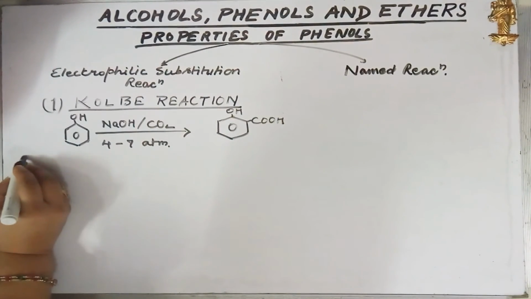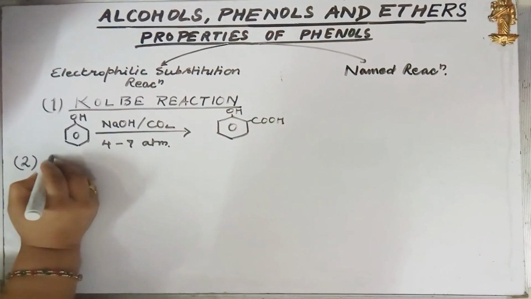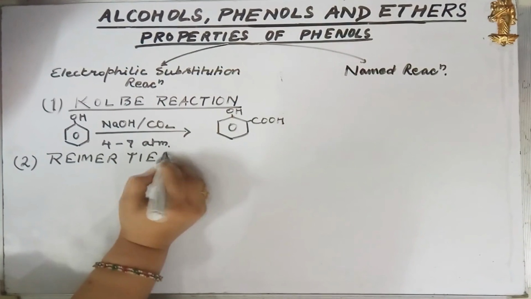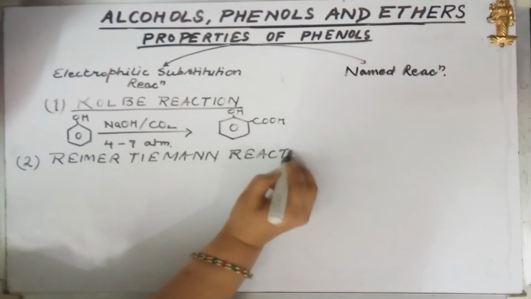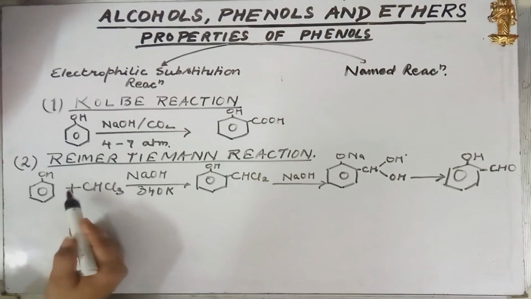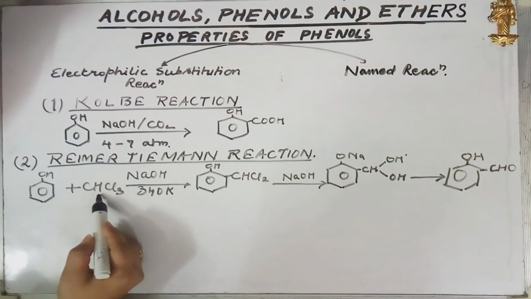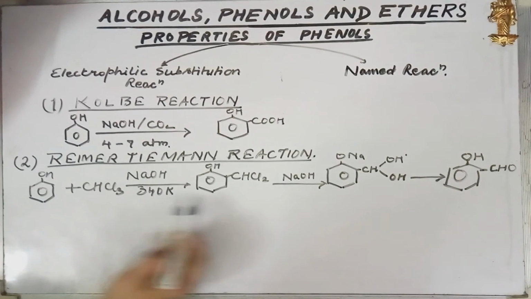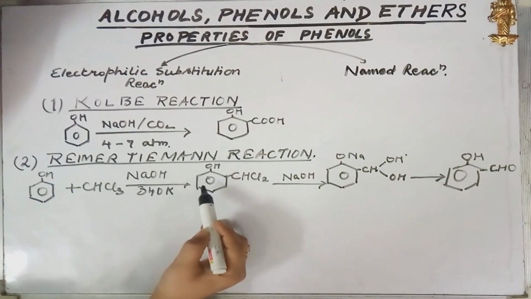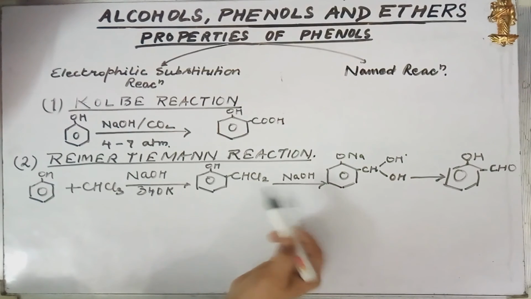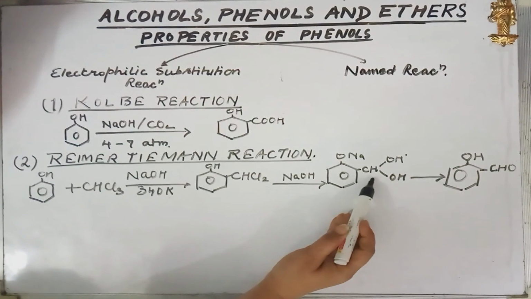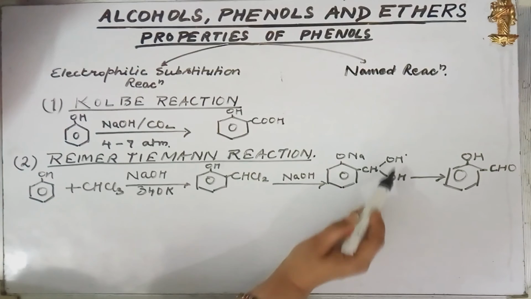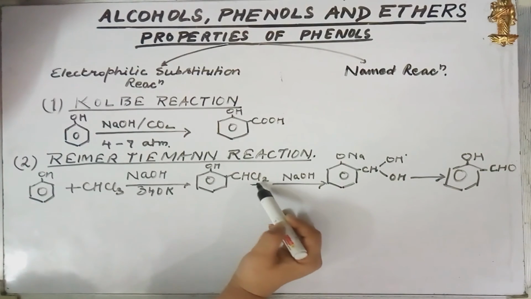The next important reaction is the Reimer-Tiemann reaction. During this reaction, phenols react with chloroform in the presence of sodium hydroxide at 340 Kelvin to give a product. On further fusion with sodium hydroxide, this gives another addition product where the OH is added by the removal of chlorine.